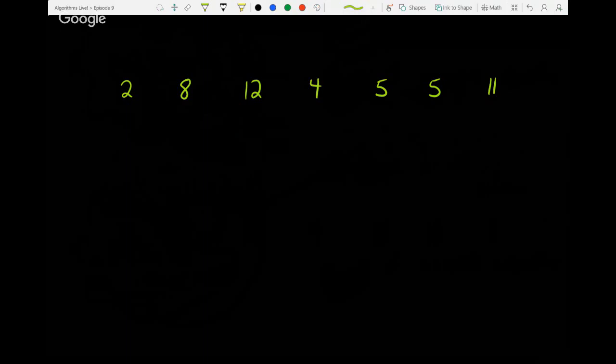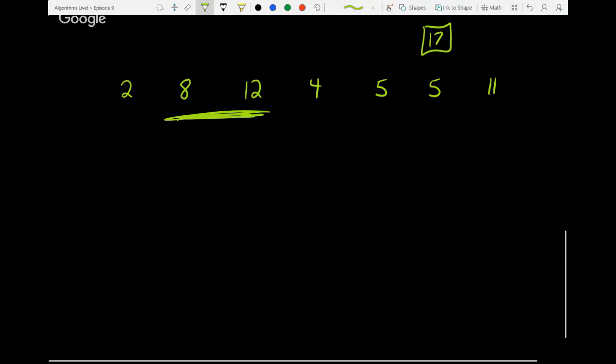And what we want to do is we're given some target number, let's say 8, and maybe 17. We'll take 17. So some target number t, and we have to find the smallest contiguous subarray that sums to greater than that target value. And I believe that's this right here, just this 8 and this 12.